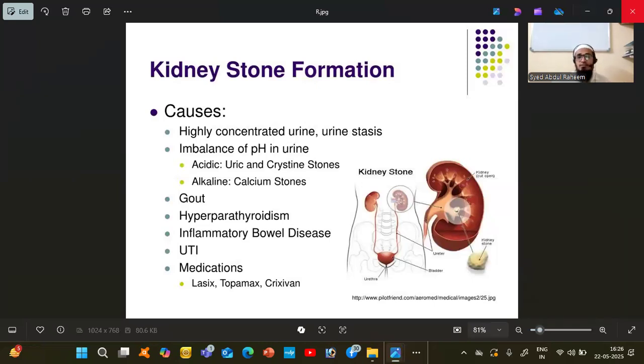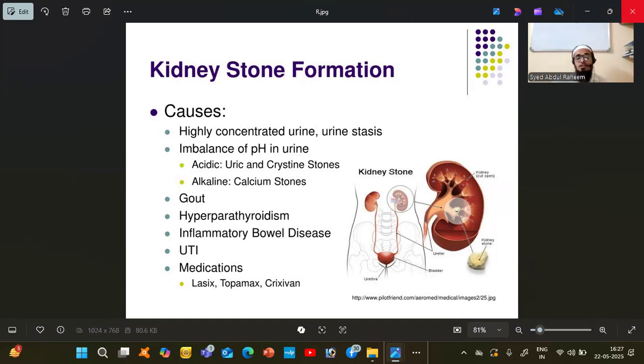The first investigation of choice for kidney stone is ultrasonography. So for any abdominal pain, you have to advise ultrasonography. It is very, very important.